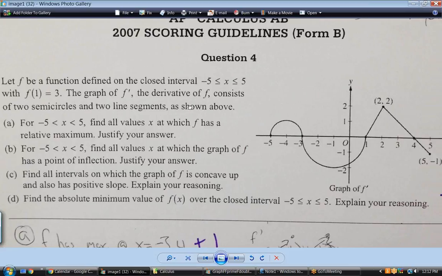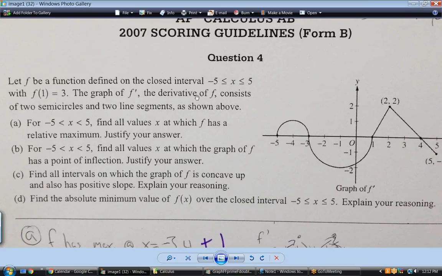And notice that the question says, what values of x? Oh, no, it didn't. I thought it said has a possible point of inflection, and it's saying for sure that it's a point of inflection. Let me think for a moment.